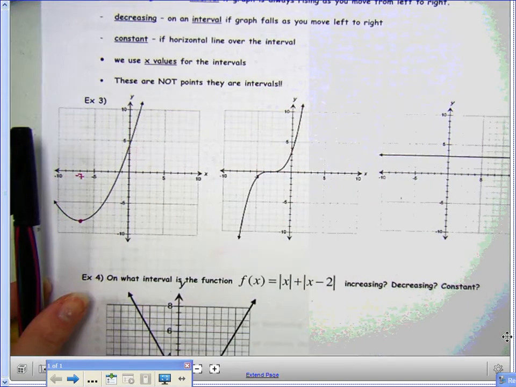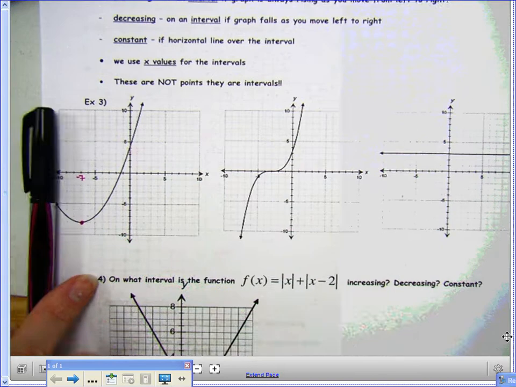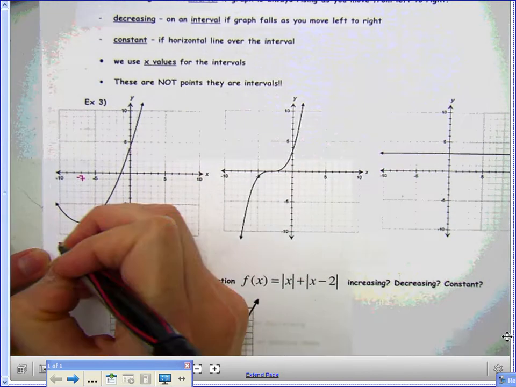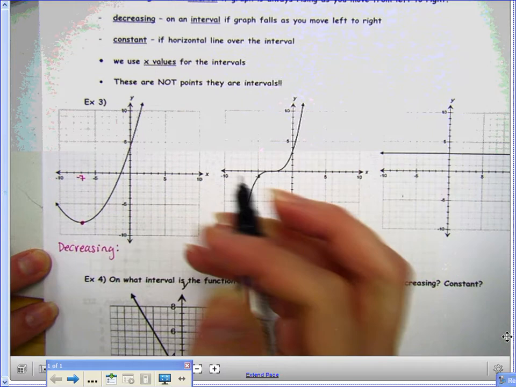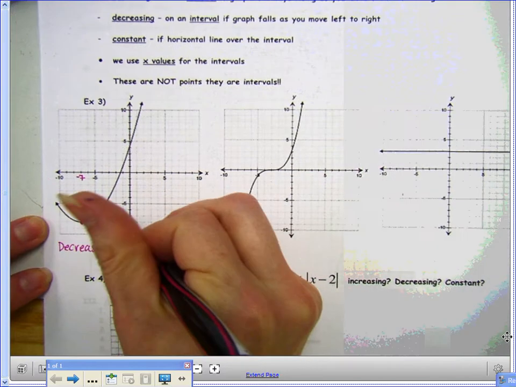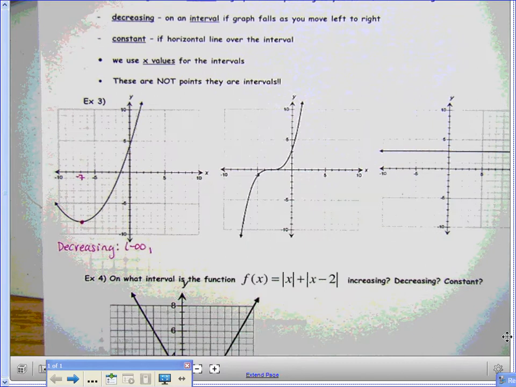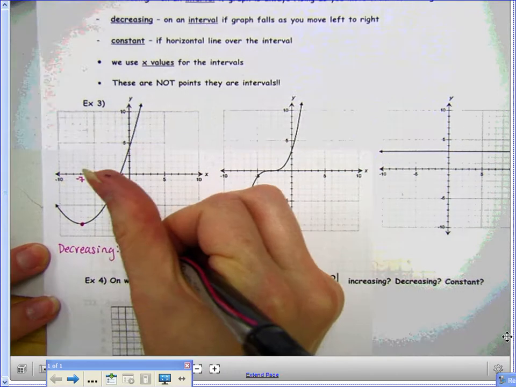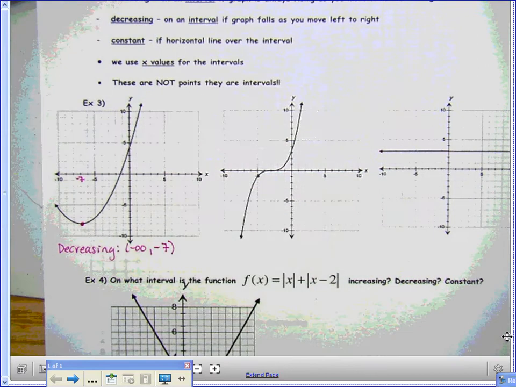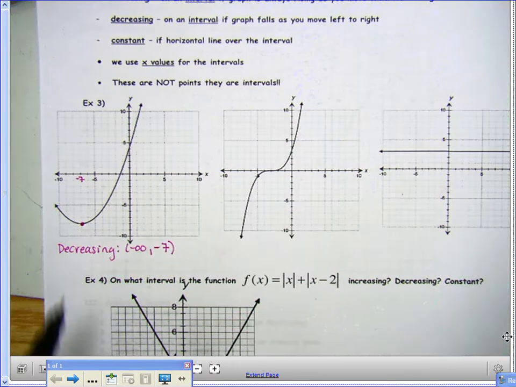So I know that my graph is decreasing on the interval from negative infinity to the x value of, in this case, negative 7. And we use parentheses around this because that point is where it's changing.